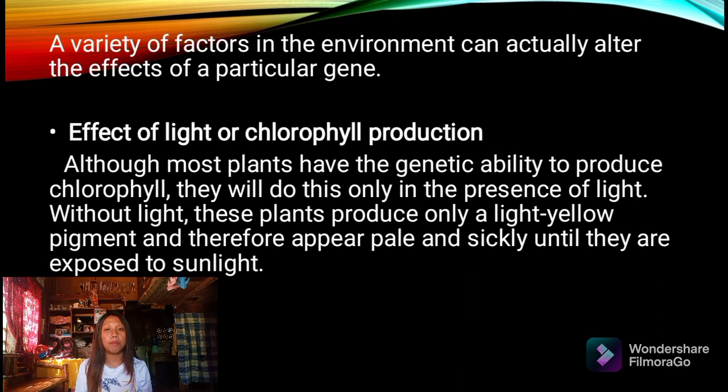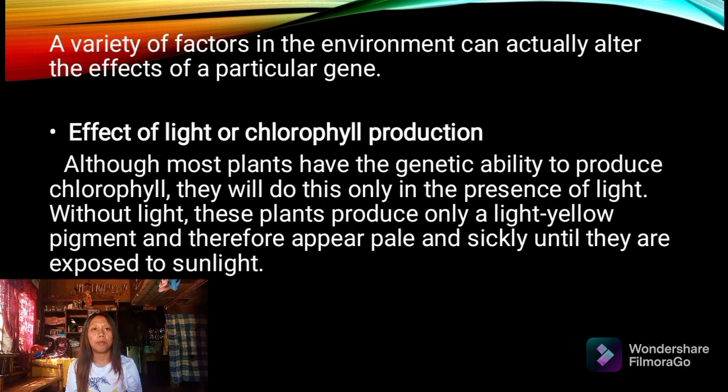Now let us proceed to the effects of the environment on genes. Genes are inherited, but their expression can be modified by interactions with the environment. Genetic traits are determined largely through the precise information found in the cell's gene structure. A variety of factors in the environment can actually alter the effects of a particular gene. An example of this is the effect of light on chlorophyll production.